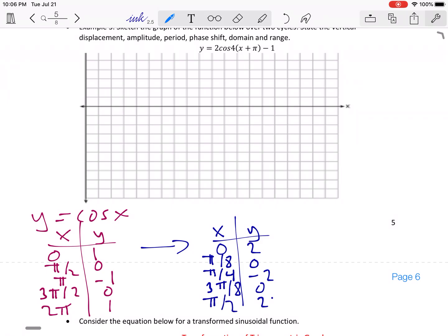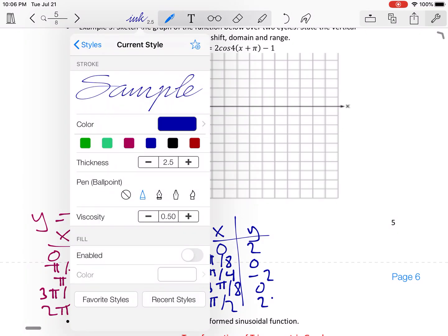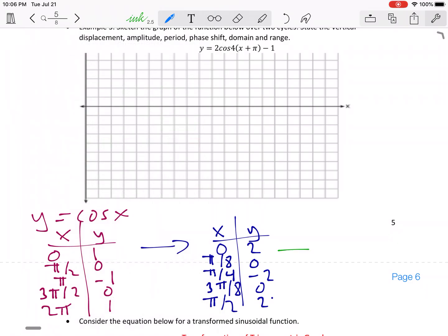And now what we're going to do is we're going to do the shift. Okay, and so let's look at the y first. So the y we're just going to subtract by 1. So we get 1 minus 1, minus 3, minus 1 and 1. Okay, and then the x, where it says plus pi, so what that means is we're going to take away pi.